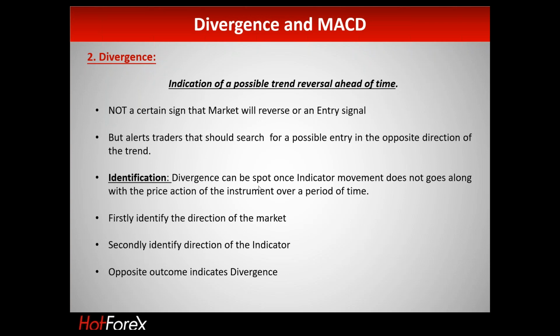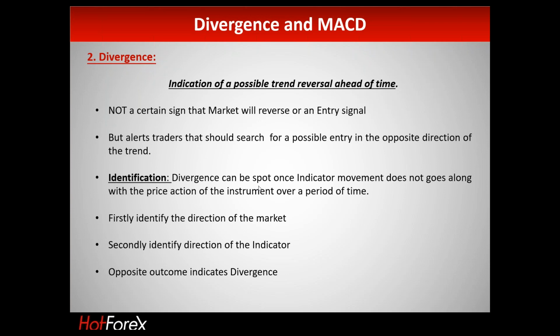Also, divergence puts alerts on for traders that should search for a possible entry in the opposite direction of the trend. Have divergence in mind, put it in your watch list, and then search for confirmations in order to find your possible entry in the opposite direction of the trend. Identification. Divergence can be spotted once the indicator does not go along with the price action of the instrument over a period of time.